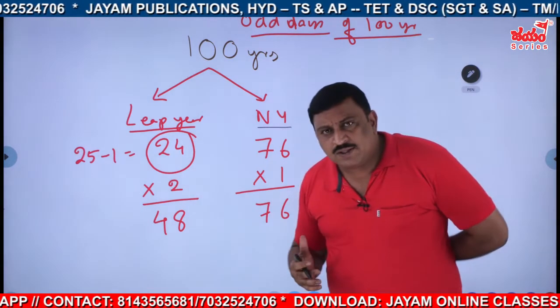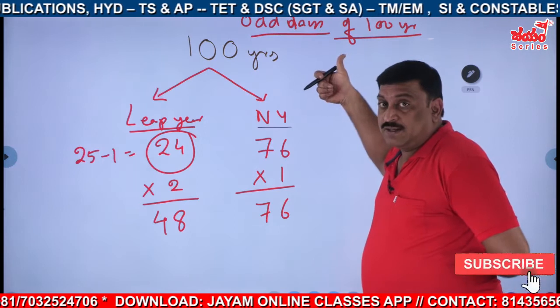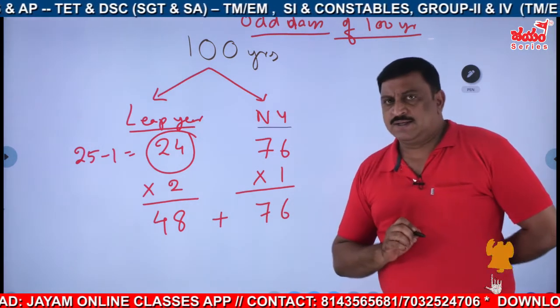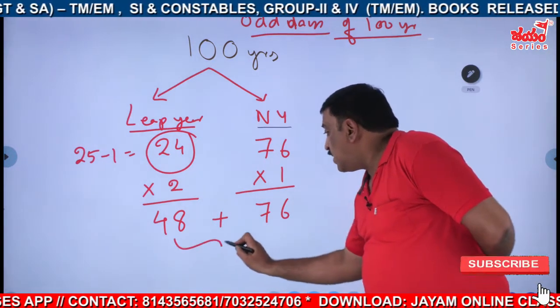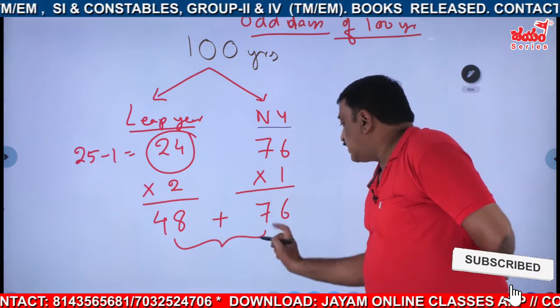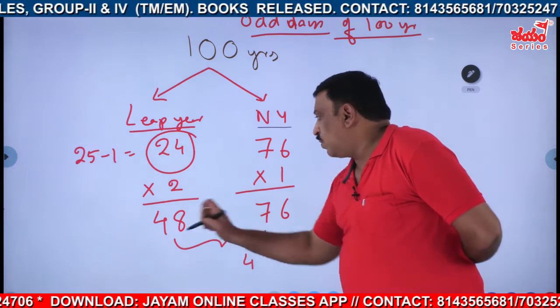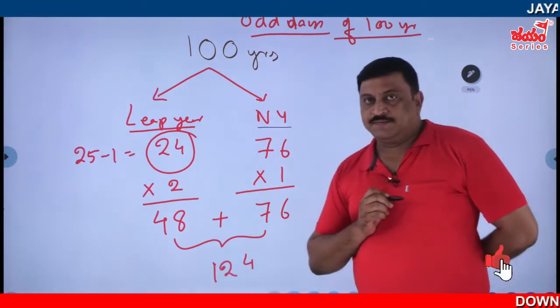What are we doing all this for? The odd days of 100 years. 48 plus 76: 8 plus 6 is 14, 1 and 7 is 8, 8 plus 4 is 12, so it is 124 odd days.